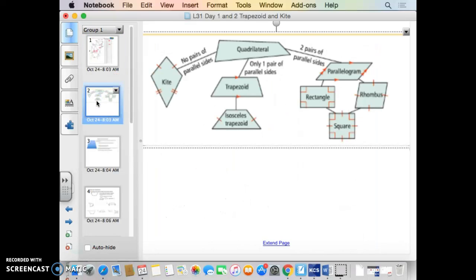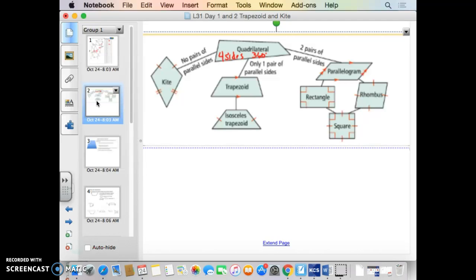All right, new information. This is kind of what we've been talking about. We've been talking about quadrilaterals. Quadrilaterals have 4 sides, and remember, it's 360 degrees for the interior angles. Now we've talked about parallelograms, rectangles, rhombuses, and squares.